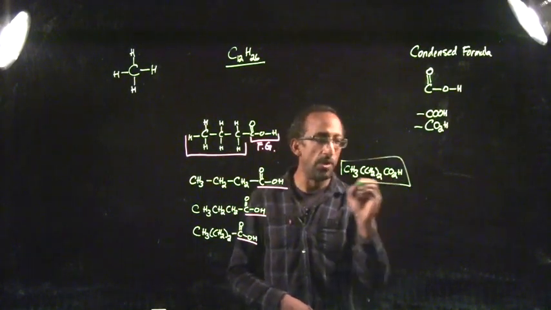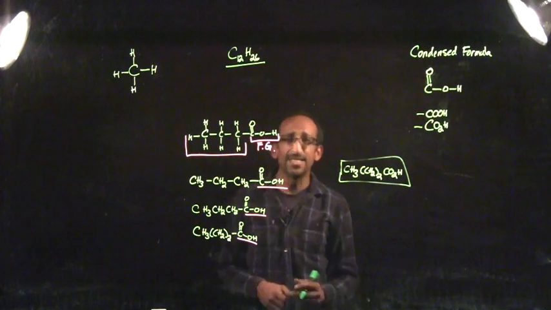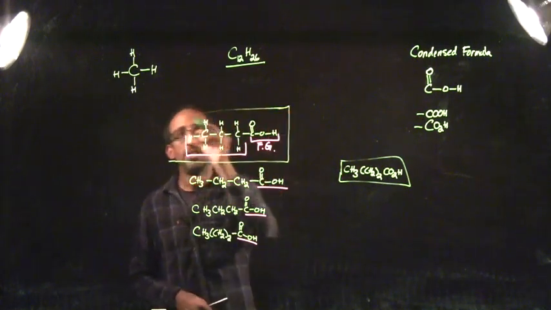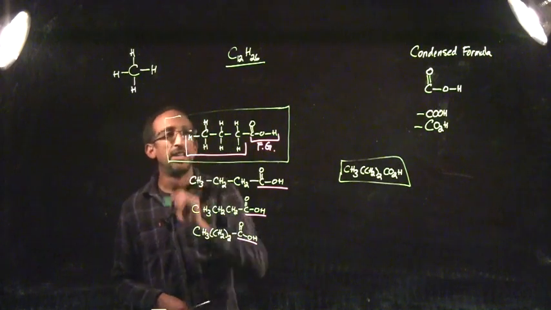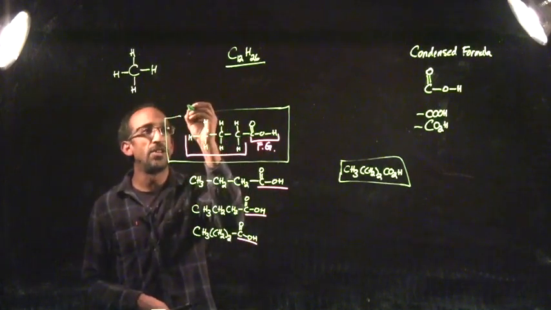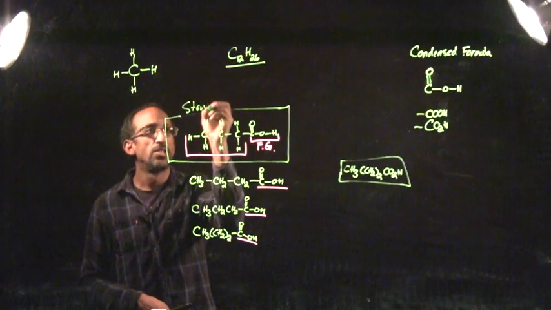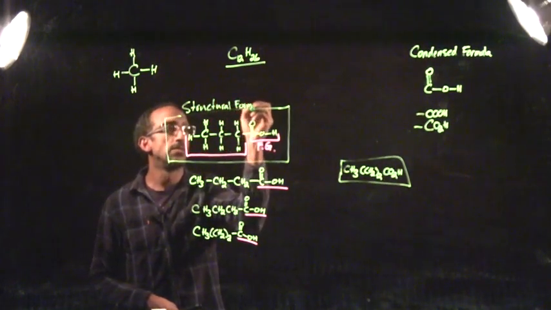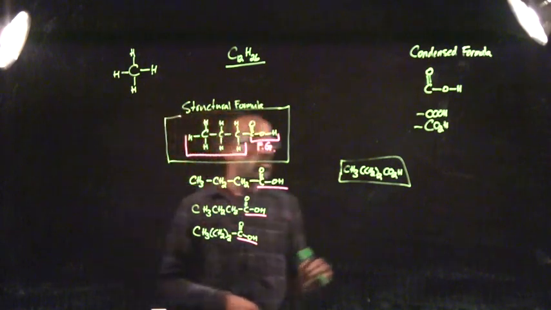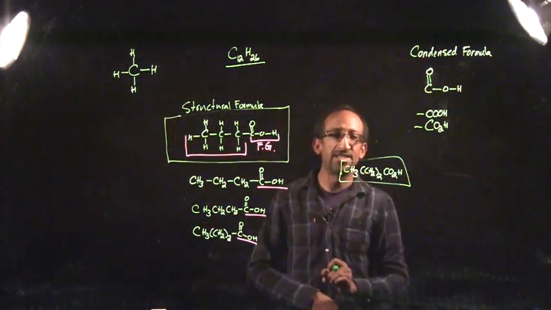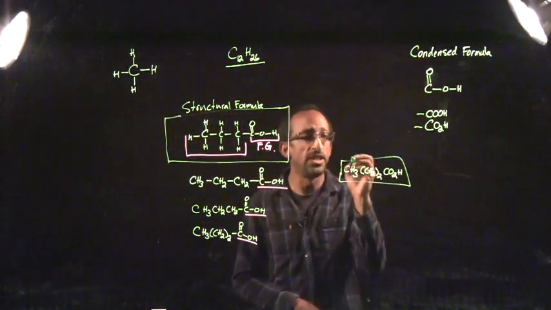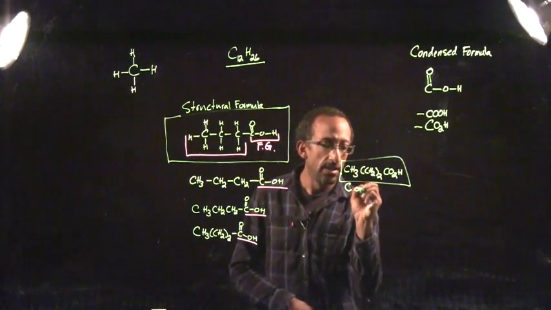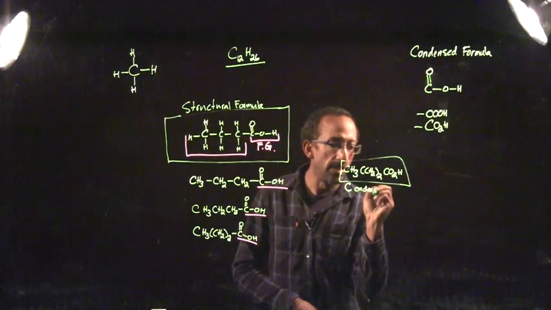This condensed formula conveys the exact same information as this fully drawn out structural formula. So again, this full method is known as a structural formula, whereas our nice, tight, quick, and easy to write version would be a condensed formula.